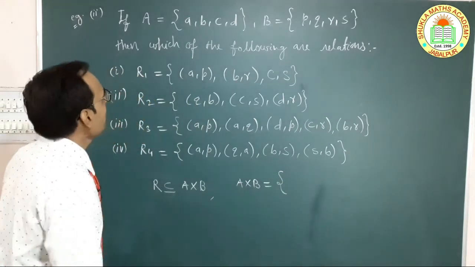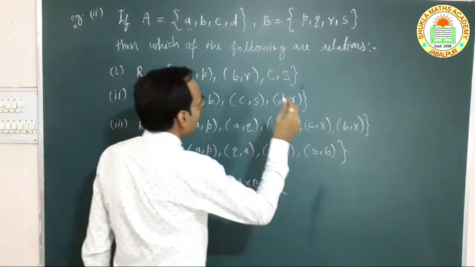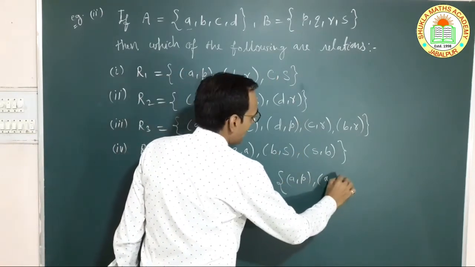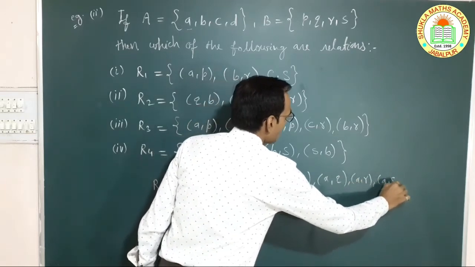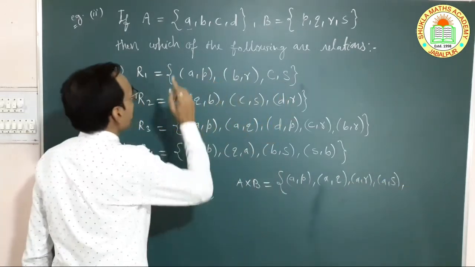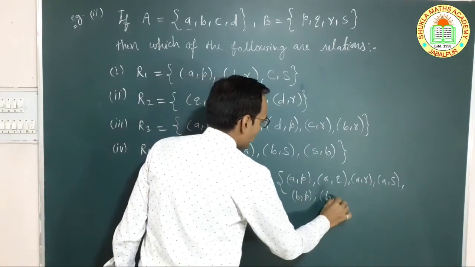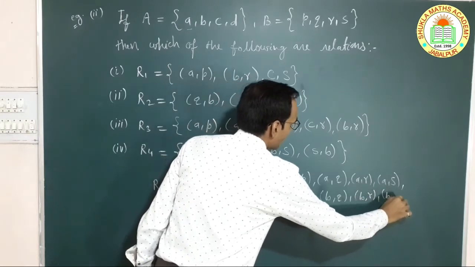Make the pairs of A and B. First we take a and then all the elements of B one by one: ap, aq, ar, as. The second element is b: bp, bq, br, bs.